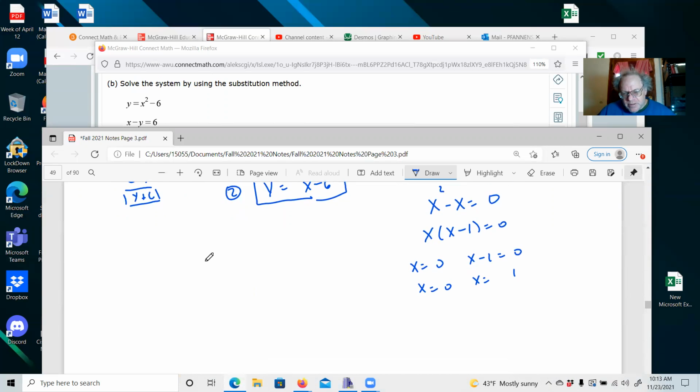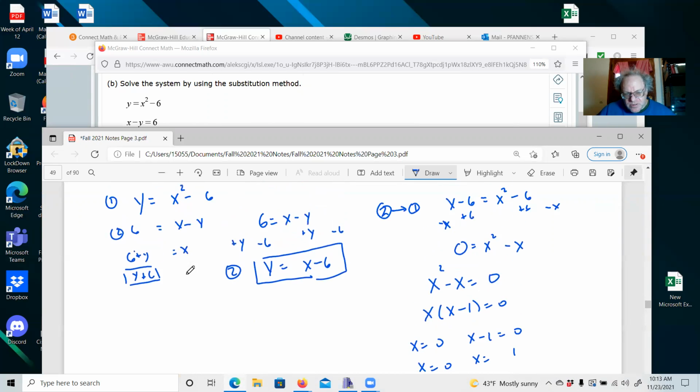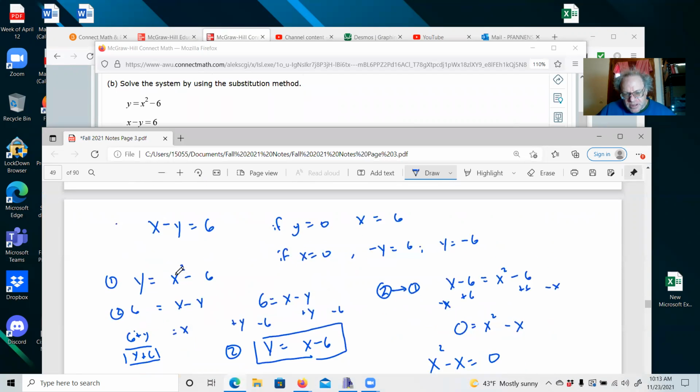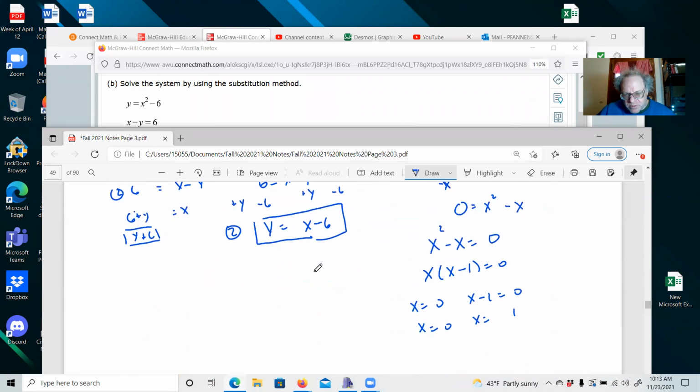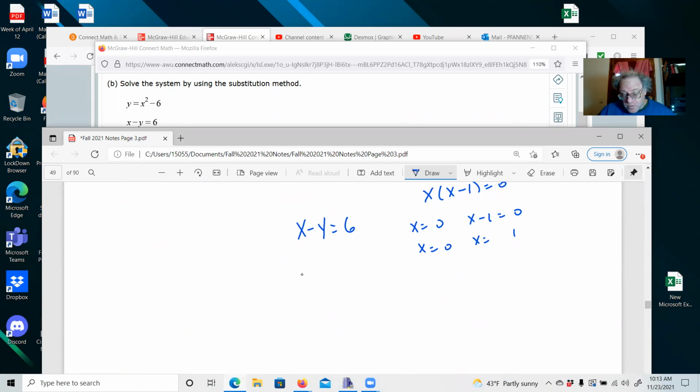Okay, now take either of these equations, any of these equations that you would like. I would like to go with x minus y equals 6. So again, we'll say x minus 6 equals y. So when x equals 0, we have 0 minus 6 equals y, so y equals negative 6.